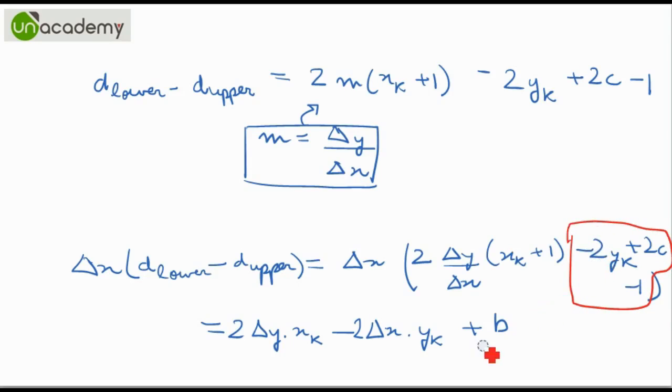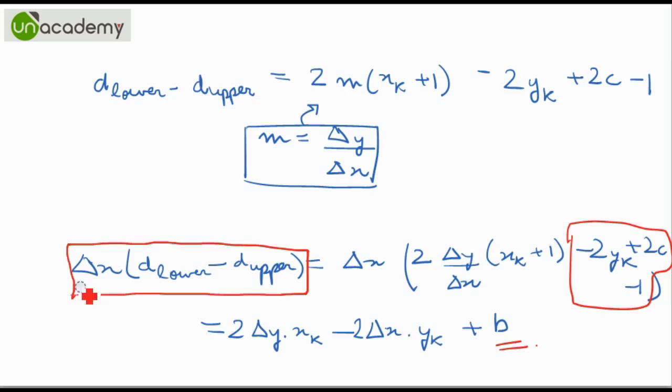And let us call this complete thing our decision parameter pk. So we have now pk is equal to delta x times d lower minus d upper.